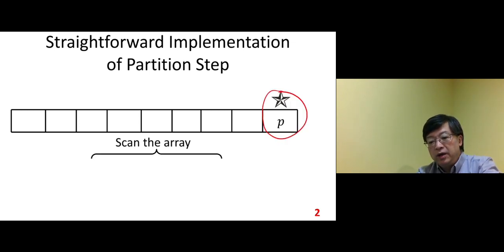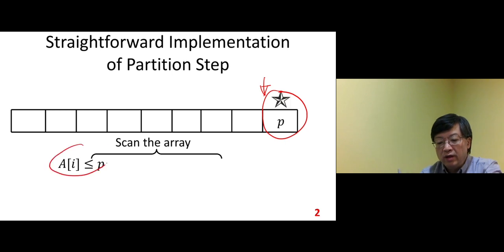Then we scan the whole array from the first element to the last one before this pivot. When we scan, basically we have two cases. The first one: the value of the current array element is less than or equal to p. The other case: greater than p.